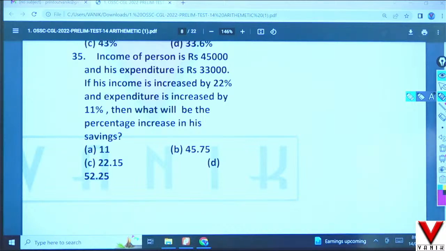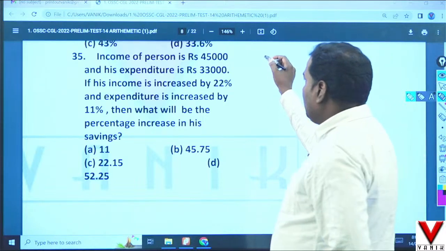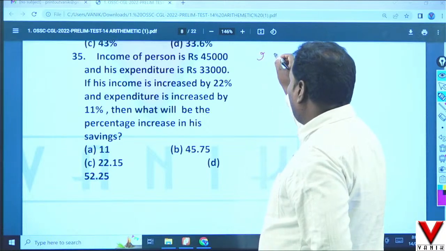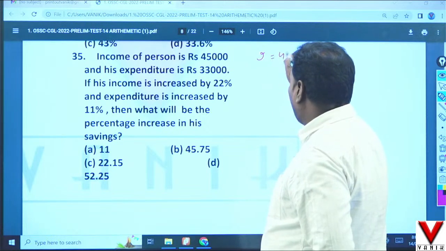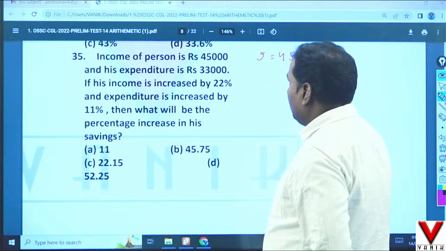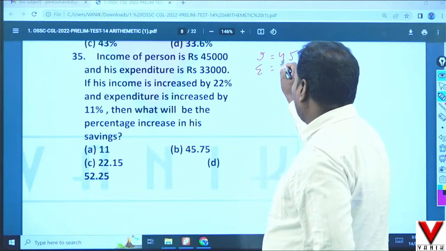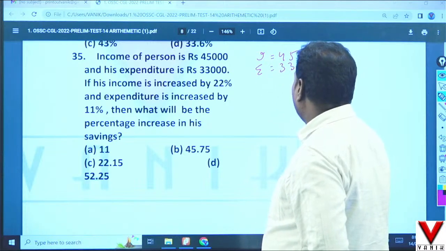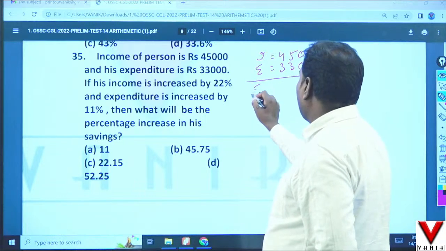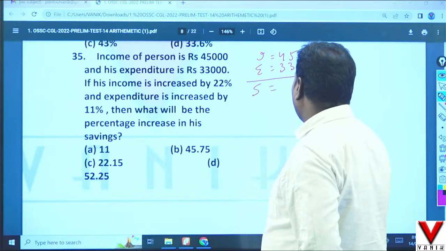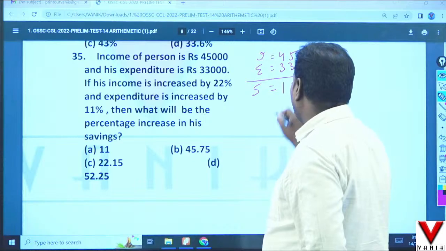Suppose first, savings before increasing income: income is 45,000 and expenditure is 33,000, then savings is 12,000.